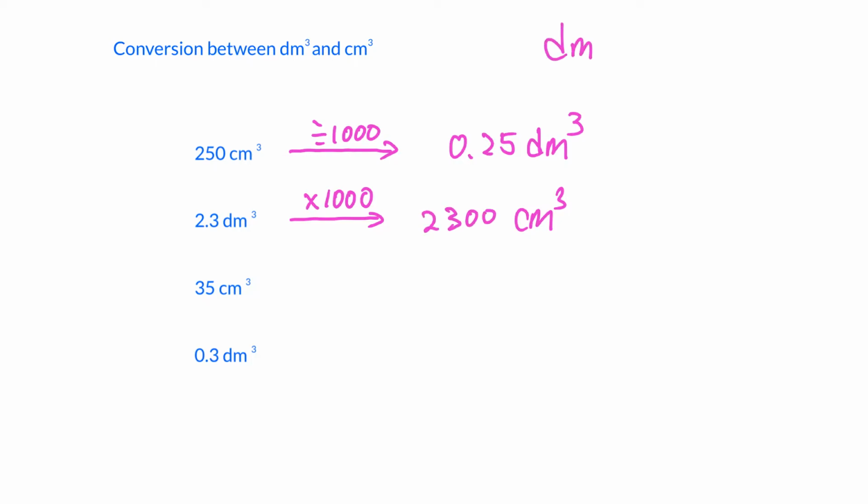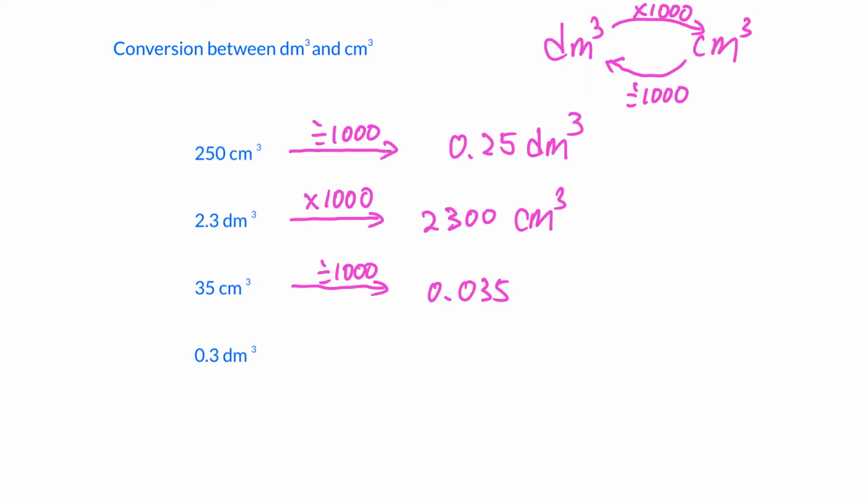So from dm cube to cm cube, you multiply by 1000. When you go to the other side, it will be divided by 1000. So for this one, divided by 1000, and you get 0.035 dm cube. And then the last one will be times 1000, and you get 300 cm cube.